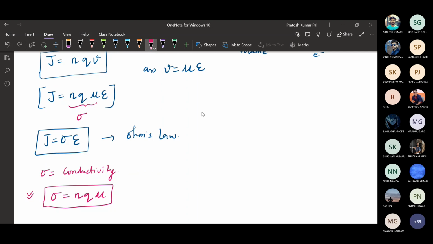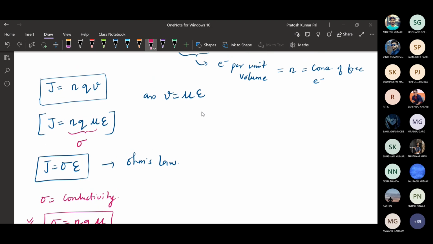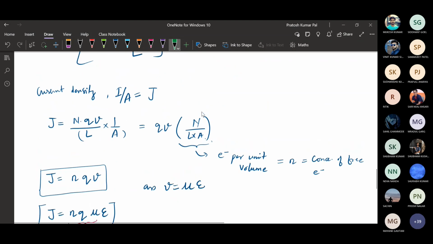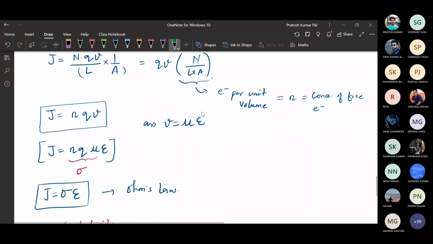And in terms of the unit, if we want to find out what is the unit of current density, as we know the current density is current per unit area, so the unit will be ampere per meter square. So this is the current density unit.